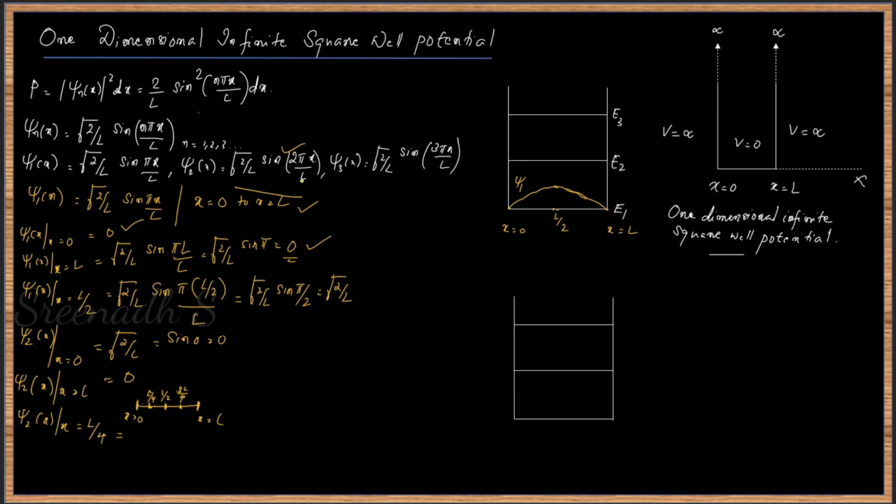Square root of 2 by L sine of 2 pi times L by 4 divided by L. The L cancels out, and 2 and 4 cancel. So what will we get? Square root of 2 by L sine pi by 2, that is equal to square root of 2 by L.